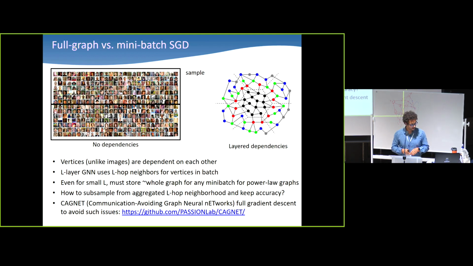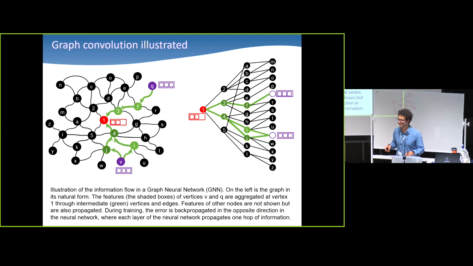I think I gave you enough motivation to say why we're not doing sampling, but this was mostly designed for people who are familiar with convolutional neural networks, and I'm contrasting with that, but maybe I didn't need to do that here, it turns out.